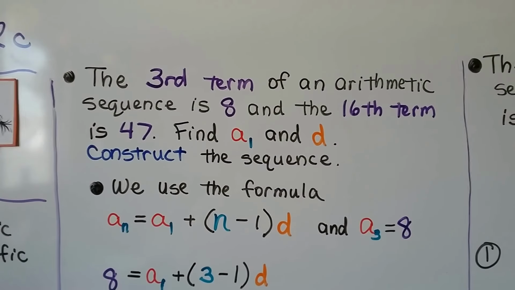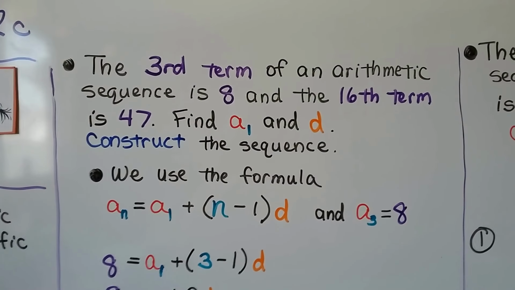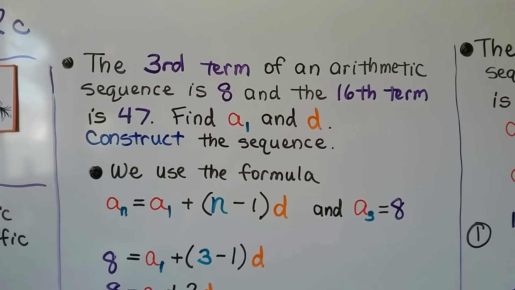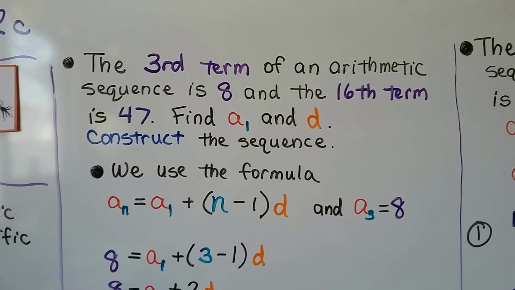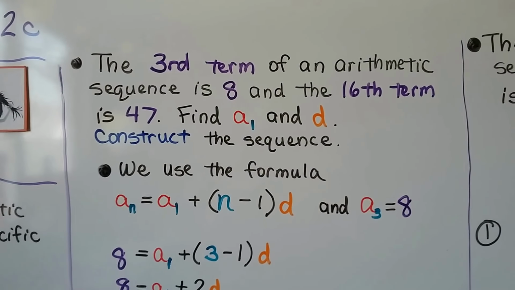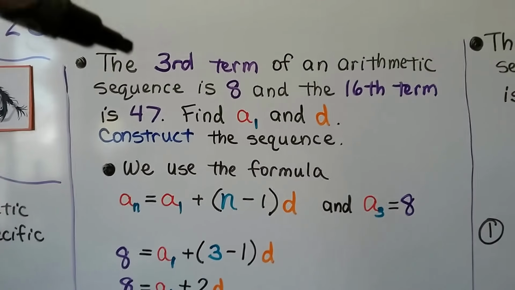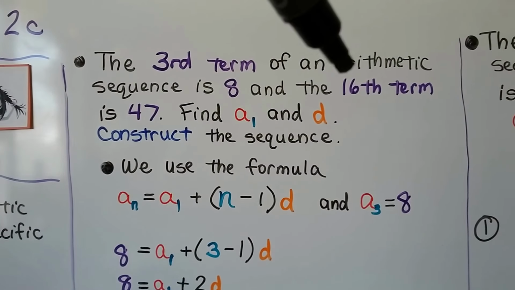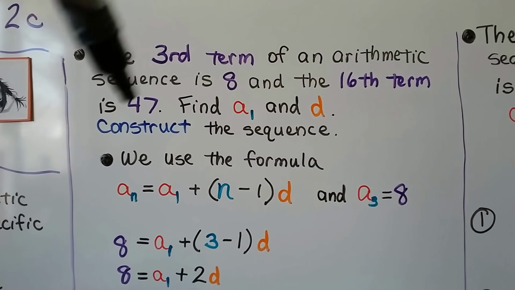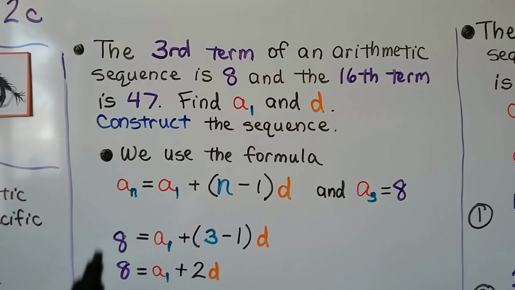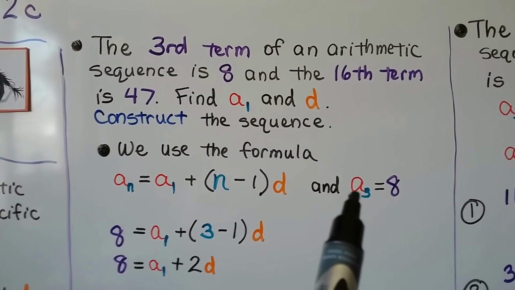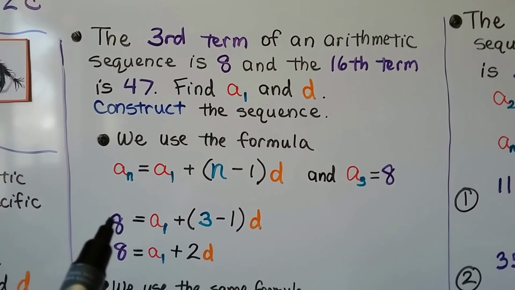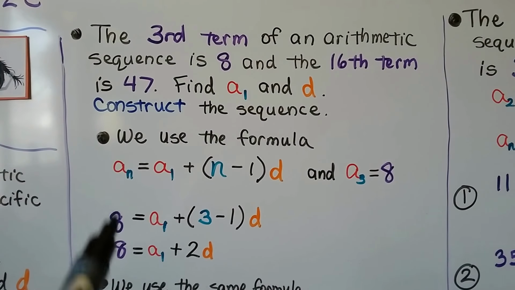The third term of an arithmetic sequence is 8, and the 16th term is 47. Find a sub 1 and d. Construct the sequence. So it gave us the information that a sub 3 is an 8, and a sub 16 is a 47. Using the formula, we know a sub 3 is an 8, so let's put that in as this a sub n.